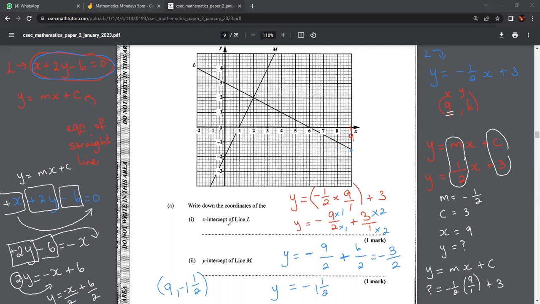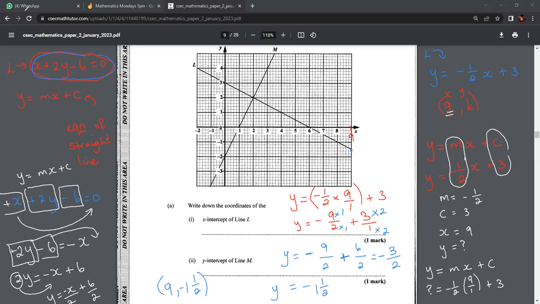The question is, Miss, how do you know that I couldn't just use the graph? The number of marks, right? It was 2 marks. That's one reason. And two, they would have told you to use the graph. They never told you to use the graph.